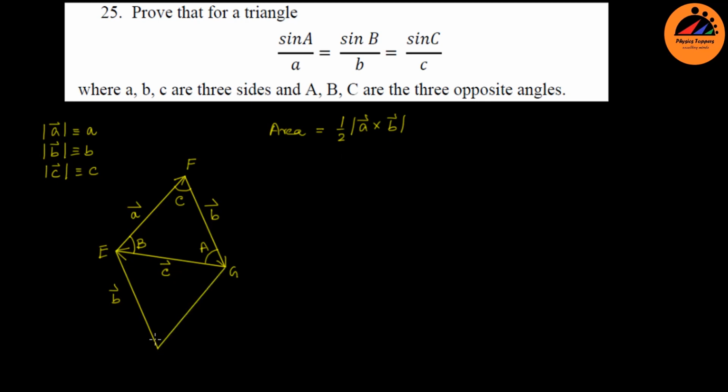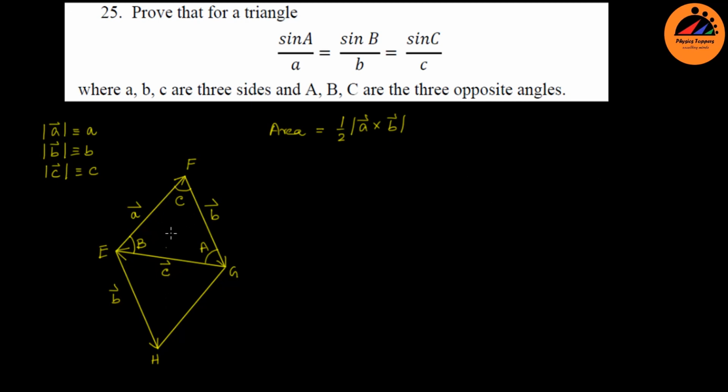So this is the parallelogram, and let's name it EFGH. The area of the parallelogram EFGH is A cross B. So this you know, right?